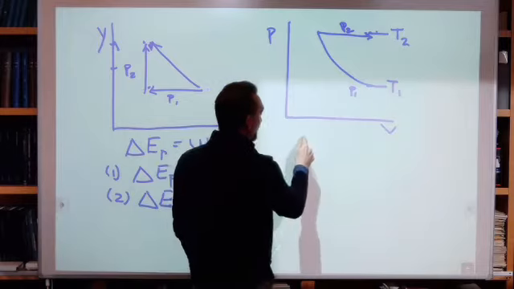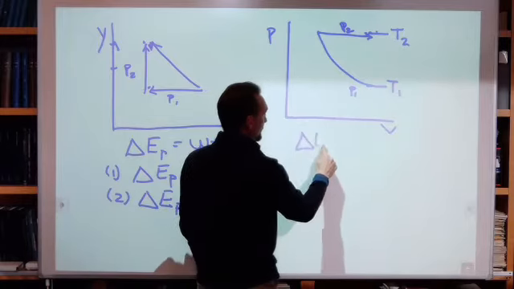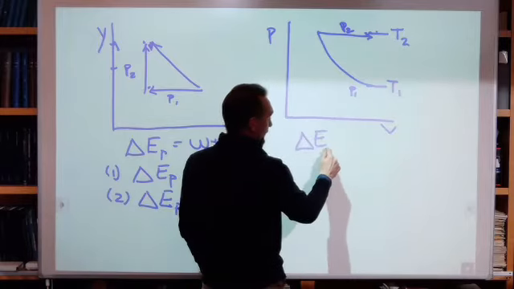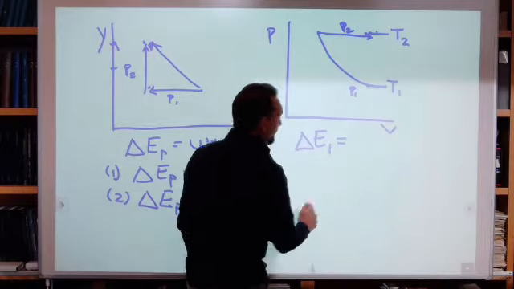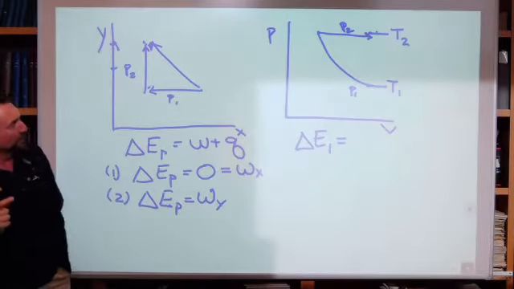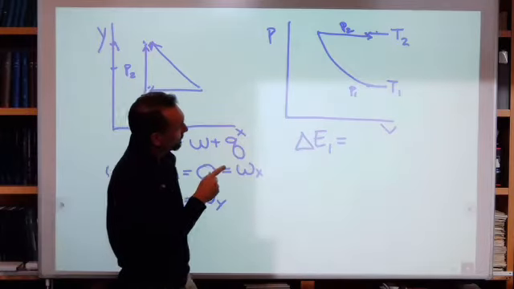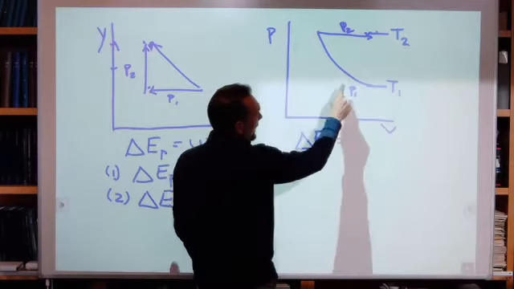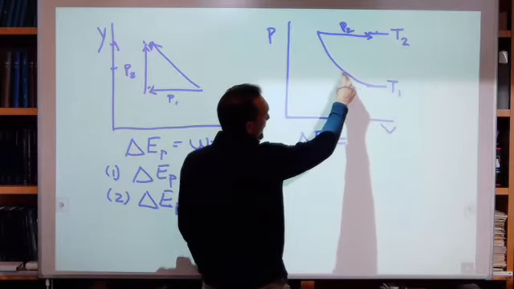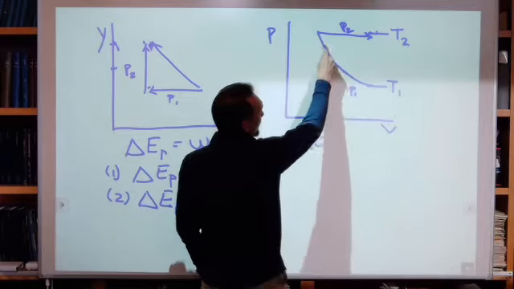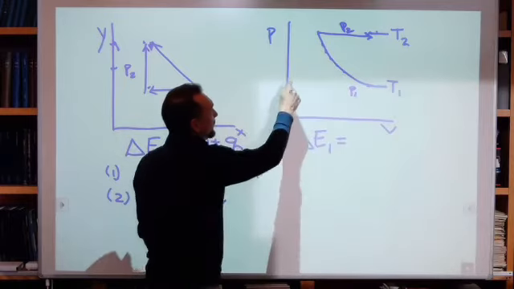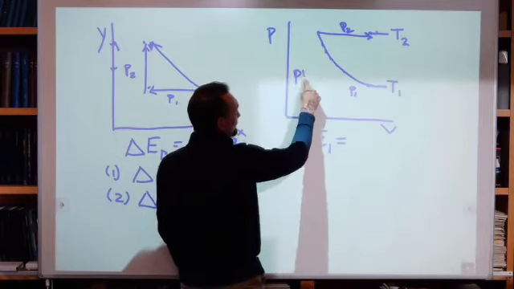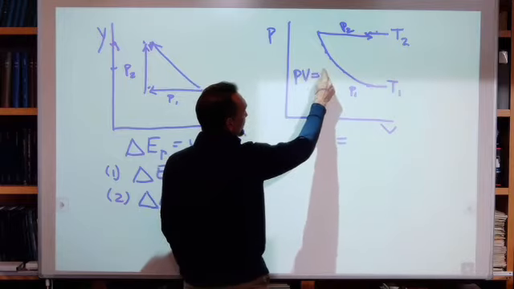Okay? So the energy change for path 1 is what? Well, I've drawn path 1 very cleverly. At every point along this path, the pressure times the volume is a constant.